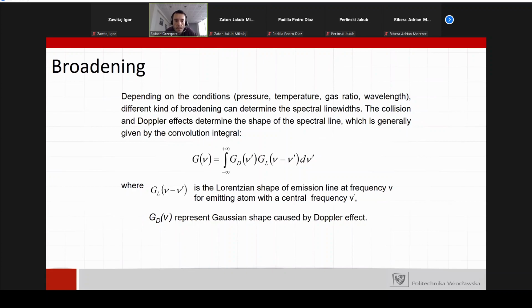So depending on the conditions, we will always have a mixture of these three effects, right? So we can define just kind of an integral that will combine the line shape, the shape of the spectral line, which is a convolution of the Doppler broadening and the Lorentzian function from the collisional broadening.